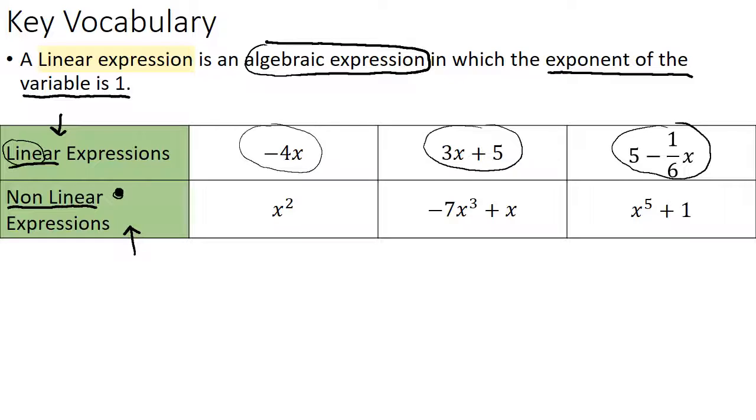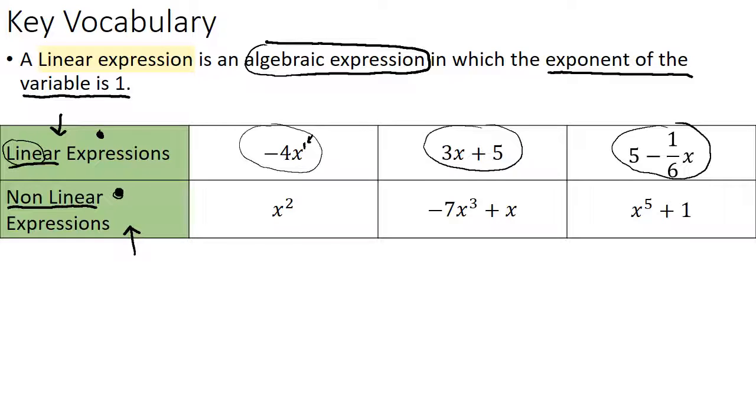If it is 1, then it can be linear. So as we look at this, we have negative 4x. So this x, even though it doesn't have an exponent written in right here, actually has a little invisible 1. So that is to the first power, which means that it is the only variable, and that variable is to the first power, which means that it is a linear expression.